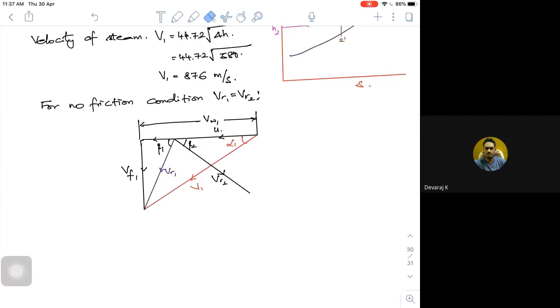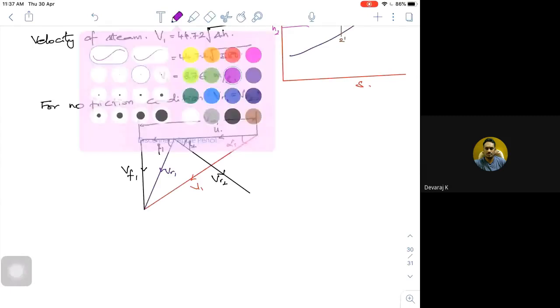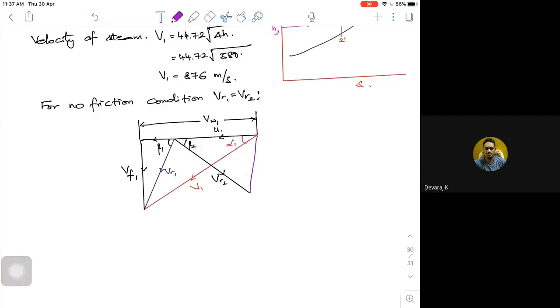I'll join that from this particular point. So this will be my V2. I got my V2. So beta 1 is equal to beta 2, maybe roughly around 40 degrees you may get. Graphically also around 39 degrees, and theoretically we need to find that. I'll show that. Fine.